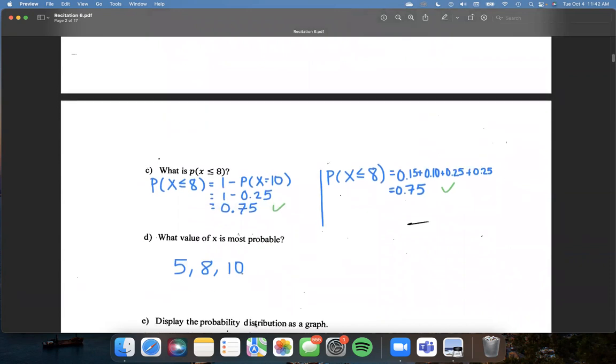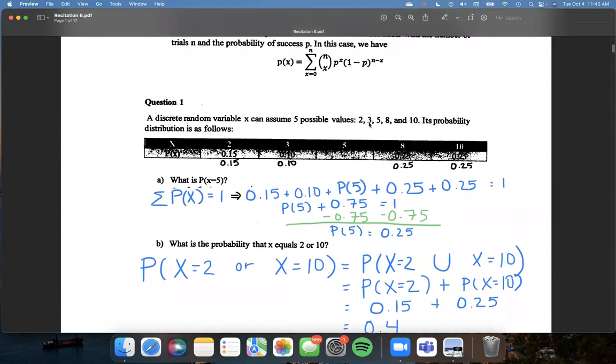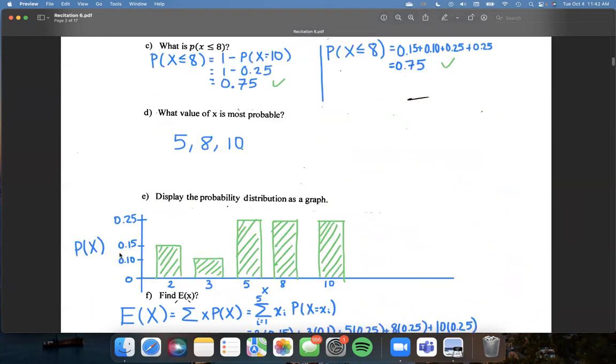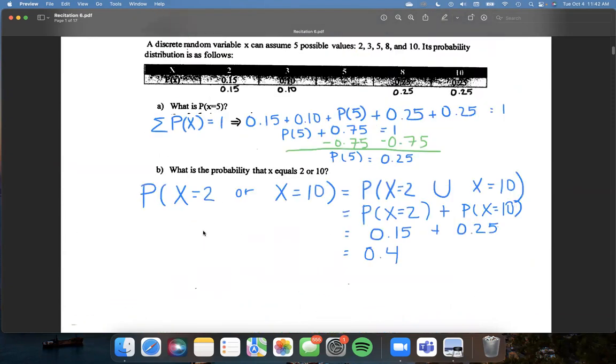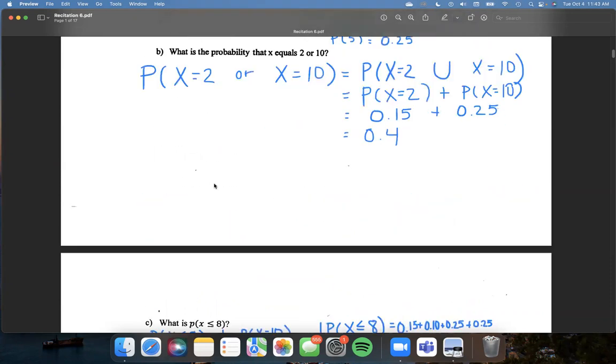Next, we want to display the probability distribution as a graph. So we're going to have our values of x, the values x can take, so 2, 3, 5, 8, and 10, on the x-axis. And then we have our y-axis be the probabilities. When I went to see how far the bar will go for 2, I scroll up and see the probability of x equals 2 is 0.15.